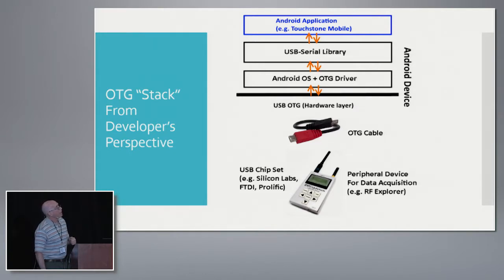At the very top we have the application, and when you write it, it's usually written in Java, and you write to the OTG chip using a serial protocol, and there's a USB library that sits in between that makes the transition from serial to USB. So when you write the application that talks to the peripheral, actually you write it as if you're writing a serial application.